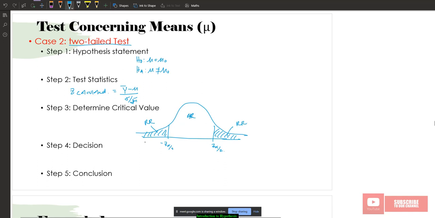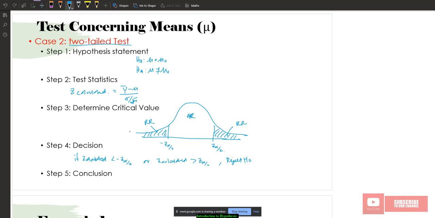For a two-sided test, the rejection region is on both sides, so we divide alpha by 2, because we divide these two areas equally. Decision rule: if Z calculated is less than negative Z alpha over 2, or Z calculated is more than Z alpha divided by 2, then we reject the null hypothesis.